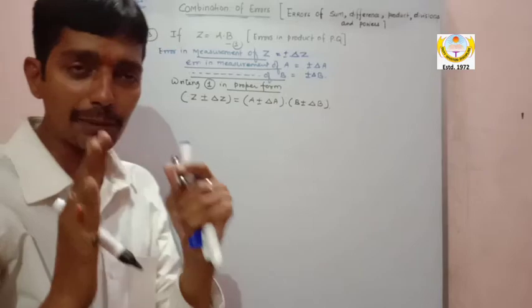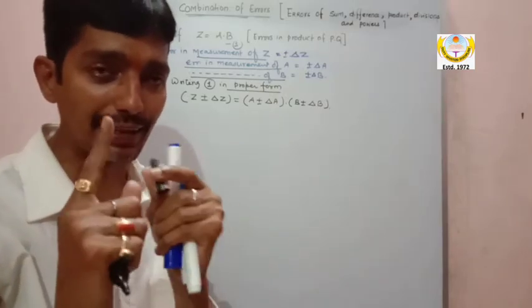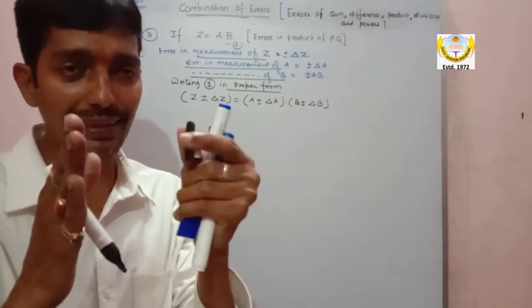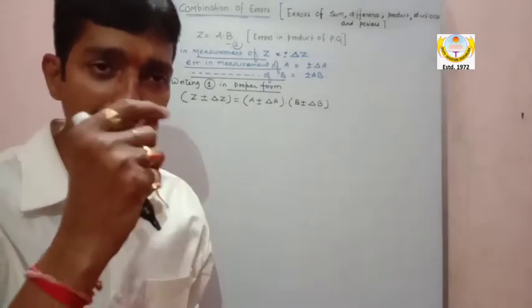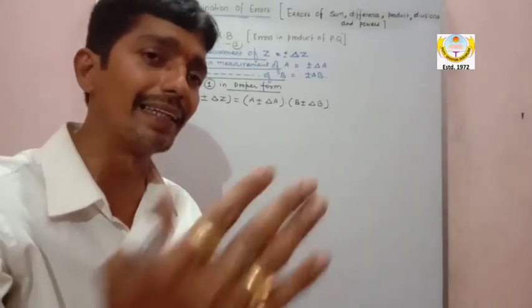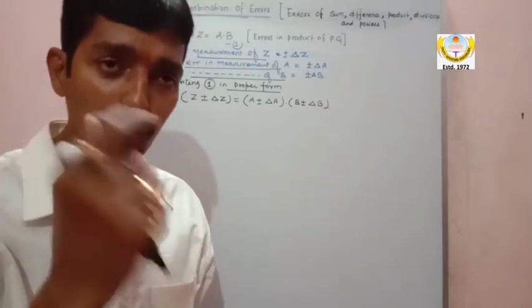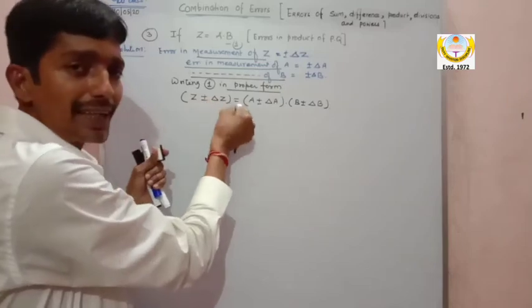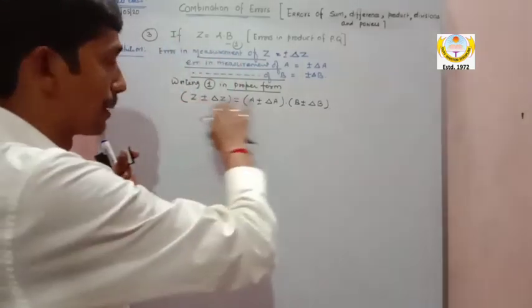NCERT has asked this in many numericals. Whenever they ask the answer in proper form, you have to mention the true value plus minus the error in that measurement. That is the proper form.